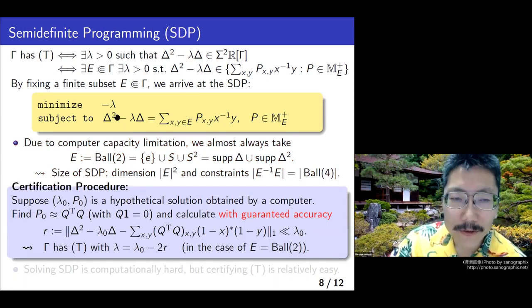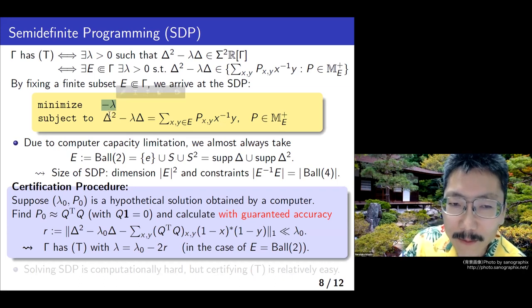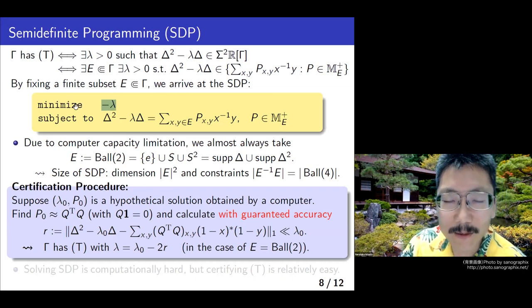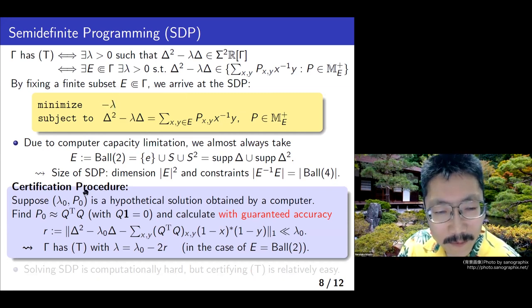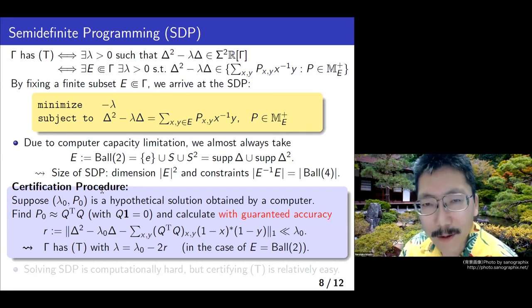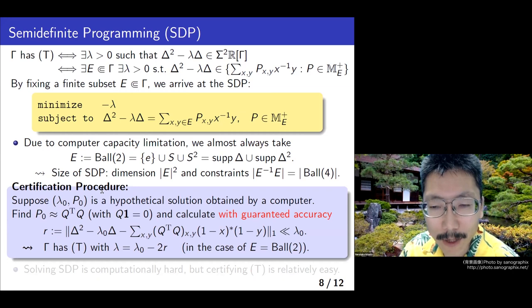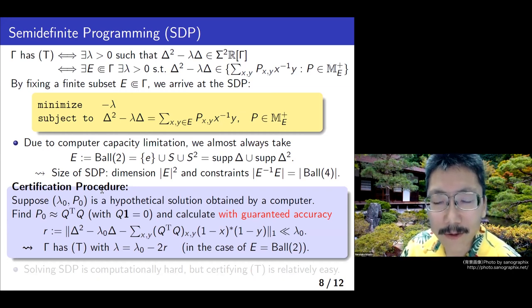Certification procedure, by the way: minimize minus lambda, negative lambda, is that maximize lambda, but somehow people love minimization. So for semi-definite programming, there are many packages. Anyway, any package gives you a pseudo answer to this optimization problem.